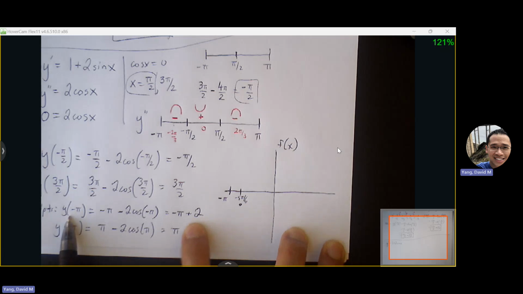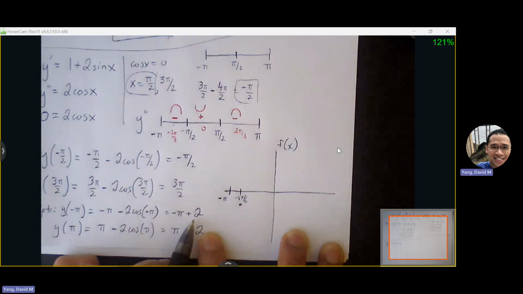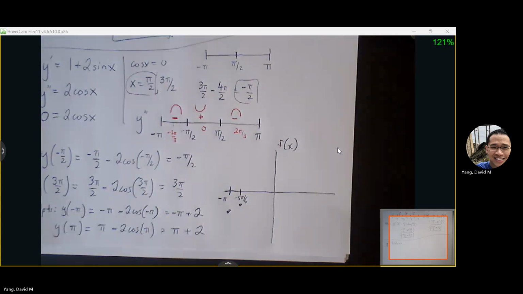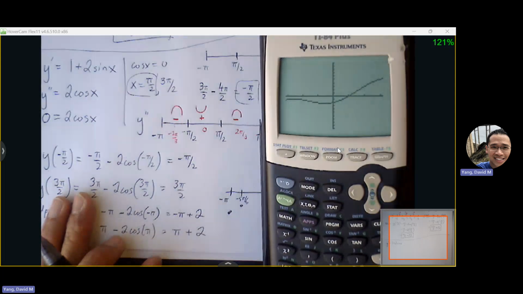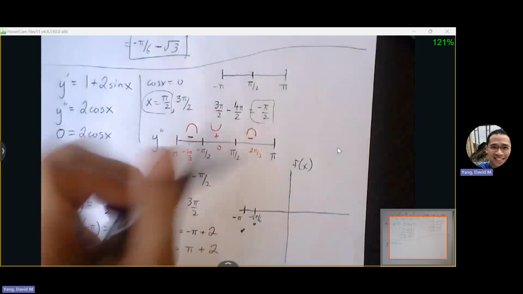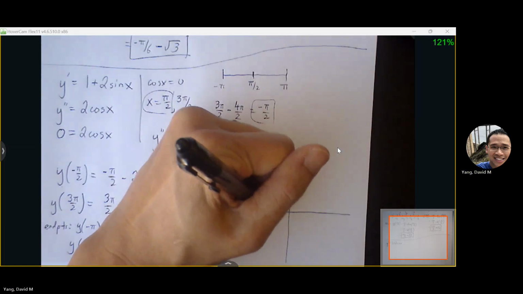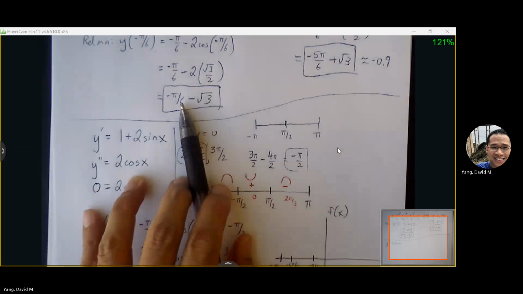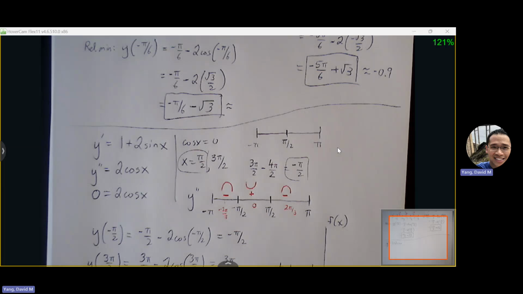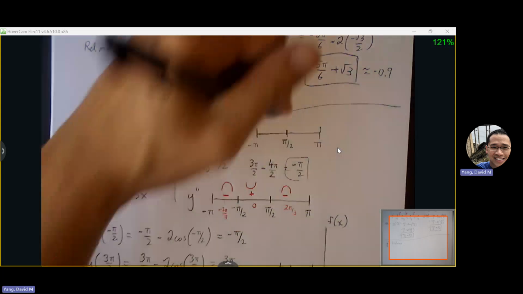At negative pi, it's going to be slightly lower than that. Negative pi plus 2, so -1 point something. Ultimately, we're just trying to make our graph look like what we see here. Okay. Relative minimum at -pi over 6. It's going to be -pi over 6 minus √3. So if I do a decimal version of that, just so I can have an easier time knowing where to put the graph, -2.2.